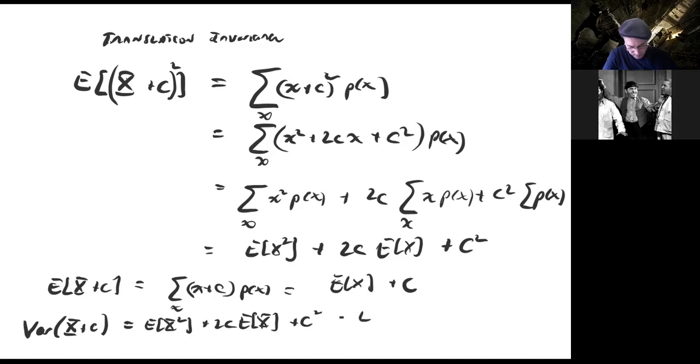We have to subtract off E of x plus c, quantity squared. Well, you can check that when you do that, you'll get exactly the variance of x. So that's the translation invariance of variance. This is a proof.